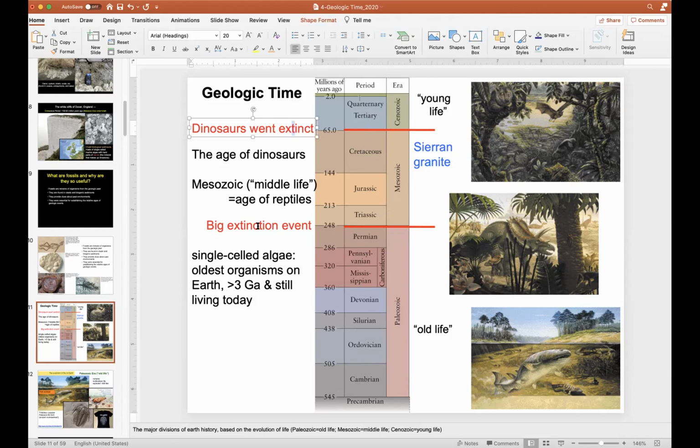There's another big extinction event that was even bigger than the KT boundary, but that happened between the Permian and the Triassic. And I'll show you more about that later. There are actually 4 or 5, I think it's 5, main extinction events that I'll point to over time.